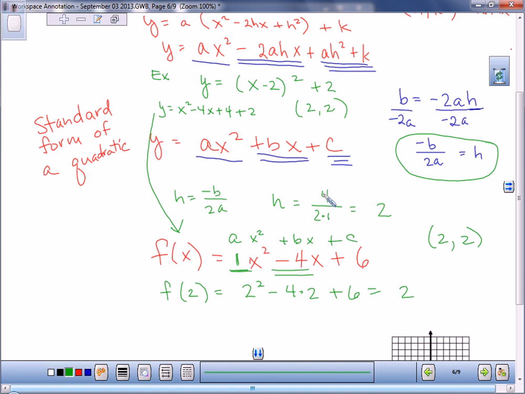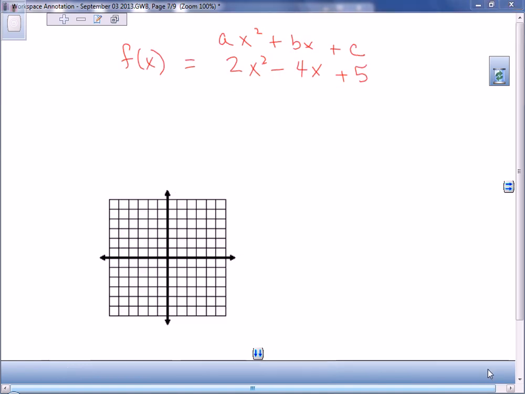So let's look at this one. I'm not going to give you the vertex form, but let's see if we can come up with the vertex and graph it. All right, so this is in standard form. We just talked about a nice little shortcut which gets us to the vertex. What was that?